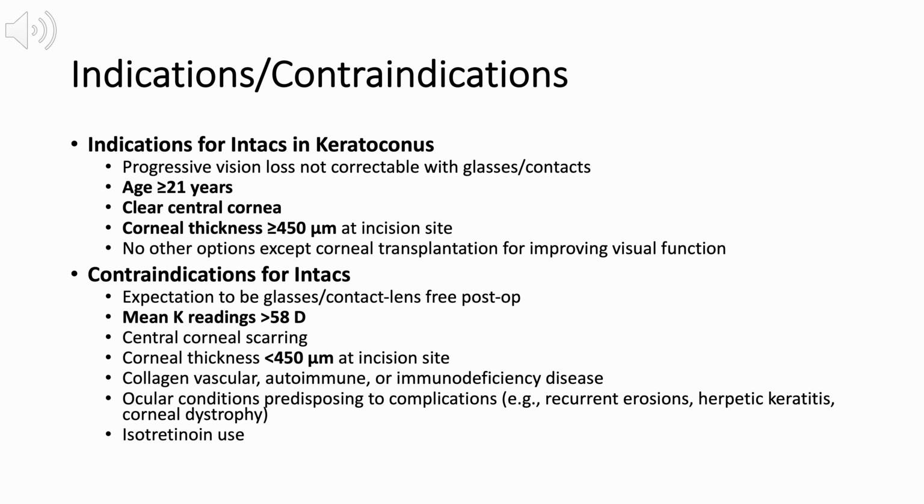Systemic conditions such as collagen vascular, autoimmune, or immunodeficiency disorders are also relative contraindications, as they increase the risk of poor wound healing or complications. Additionally, certain ocular conditions like recurrent erosions, herpetic keratitis, or corneal dystrophies predispose to complications and should be avoided. Finally, the use of isotretinoin, which can interfere with wound healing, is also considered a contraindication.